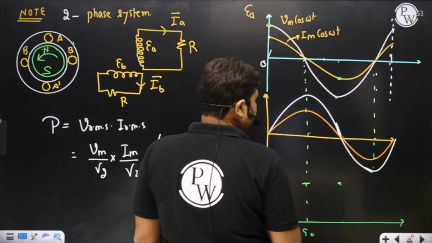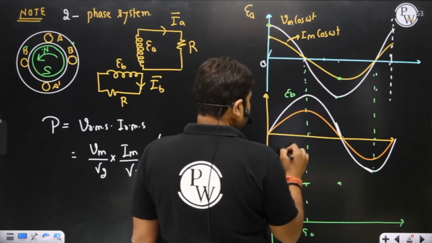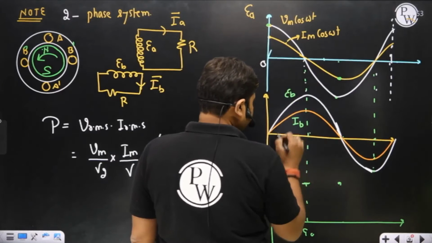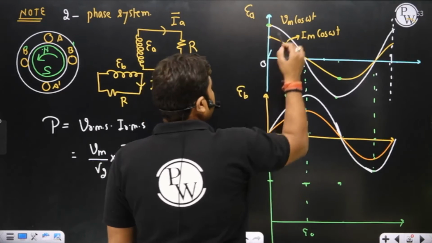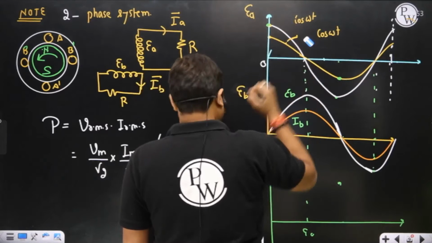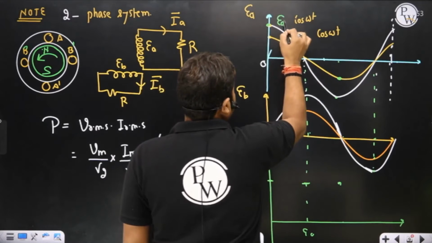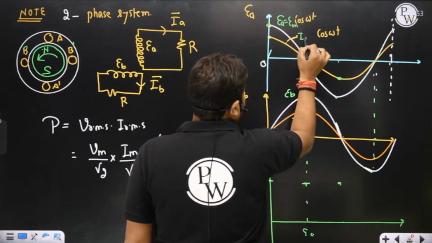So this will be your EB-IB. EB and IB. Is it okay? Yes, sir. And here I am representing VA, or EA and IA.